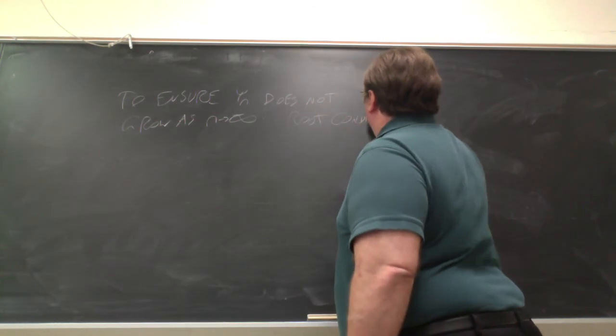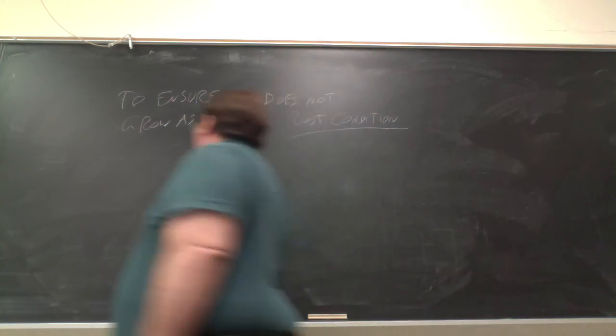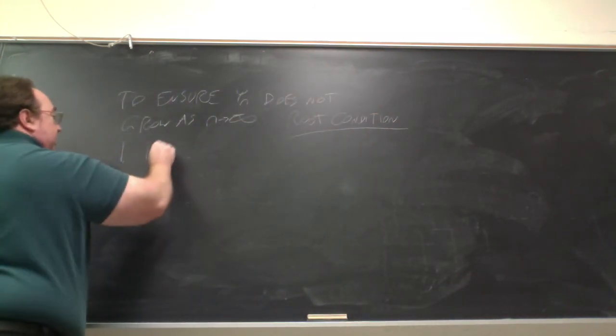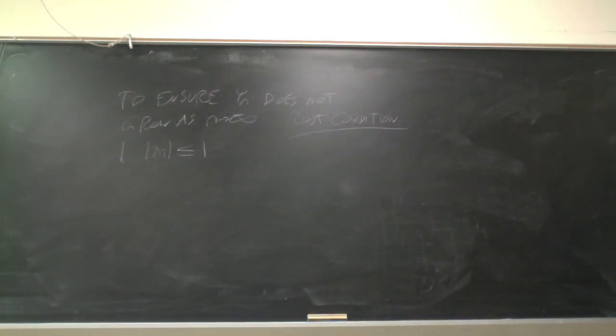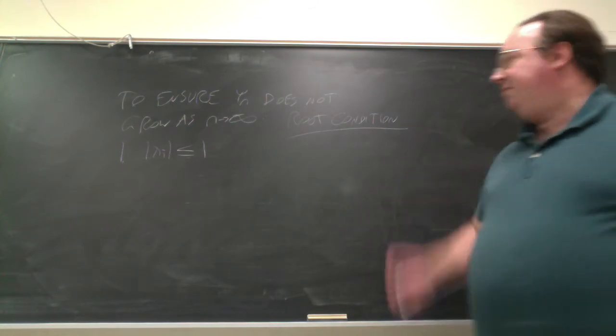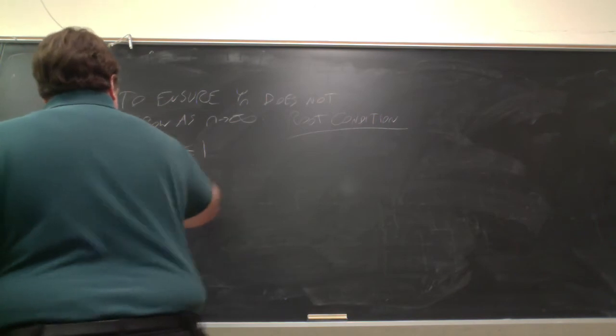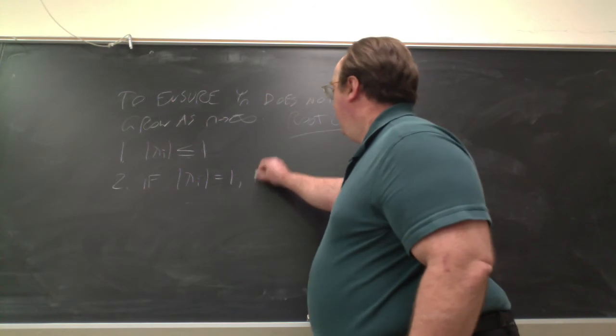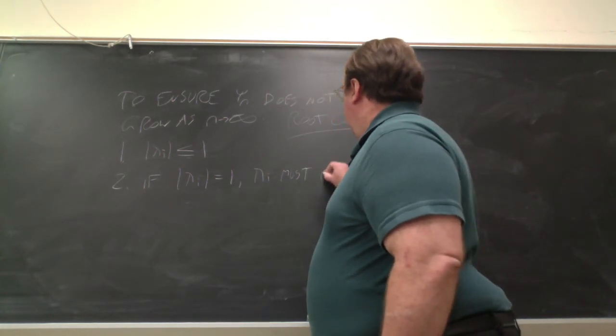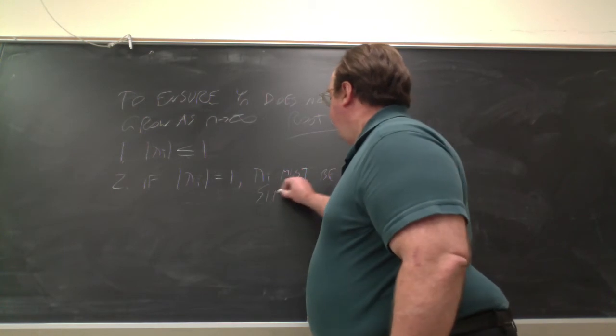It actually comes in 2 parts. The first part is that all of the roots, lambda i, have to be less than or equal to 1 in absolute value. The roots can be complex, so it can't have a modulus or magnitude that's greater than 1 in the complex plane. But that alone is not enough. If the absolute value is equal to 1, it has to be what is called a simple root.